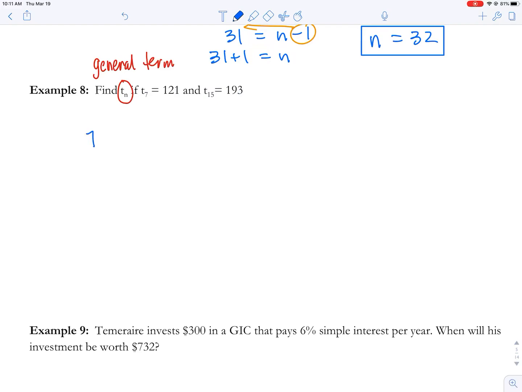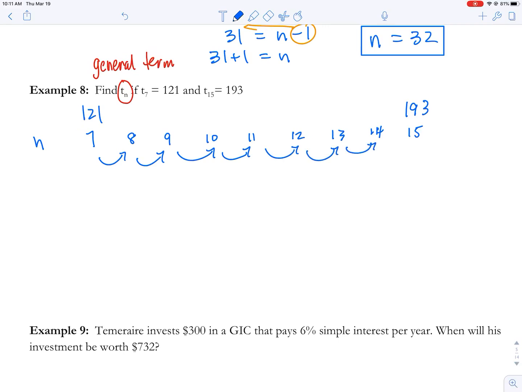So if I know that my 7th term is 121, I don't know my 8th or my 9th or my 10th or my 11th or my 12th, 13, 14, but I do know my 15th term is 193. If I was looking at how many steps I had to take to get from 7 to 15, it would be 1, 2, 3, 4, 5, 6, 7, 8.